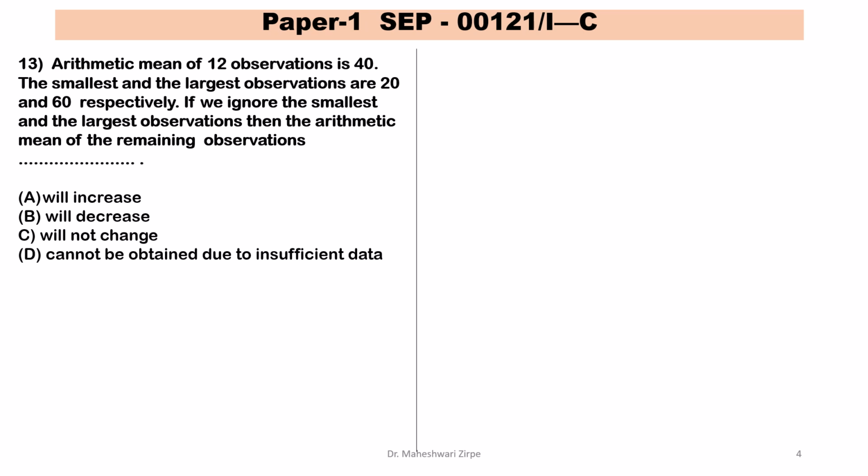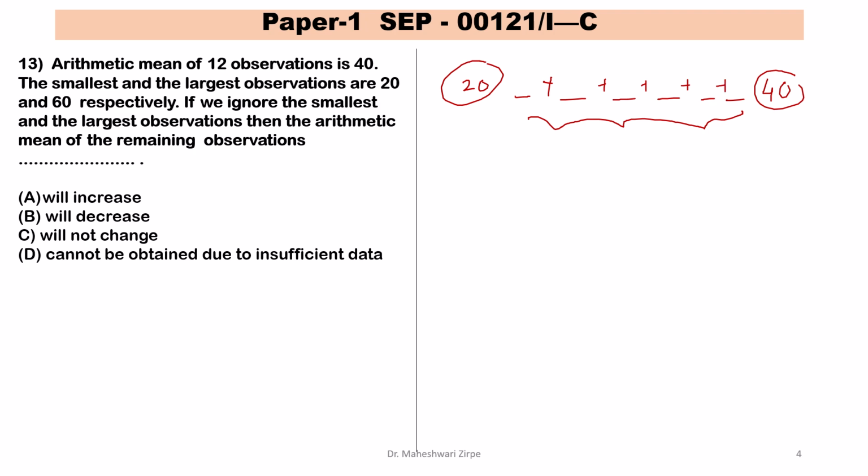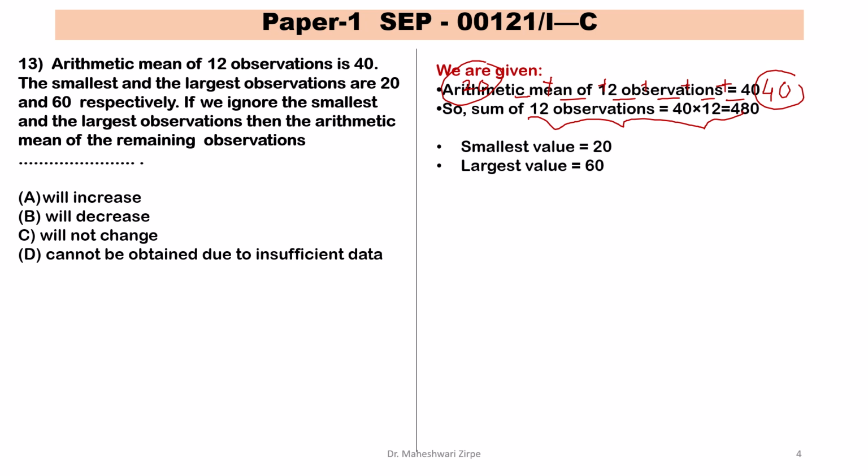Of all the 12 observations, if we ignore these two, what is the arithmetic mean of the remaining ones? We have to find the addition of these numbers divided by 10, and whether it is going to decrease or increase. So let us start solving it. Now let me erase whatever I have written on the screen first, so that you can read this.